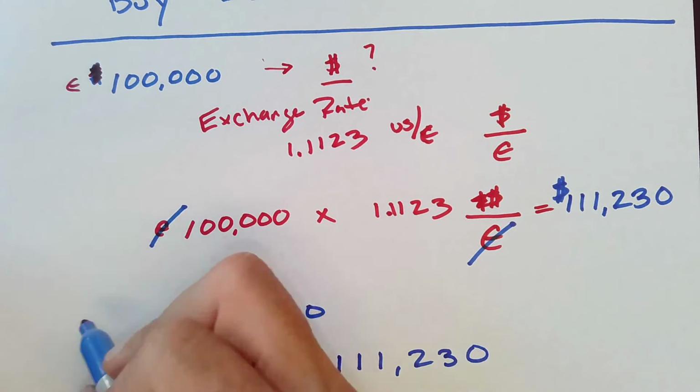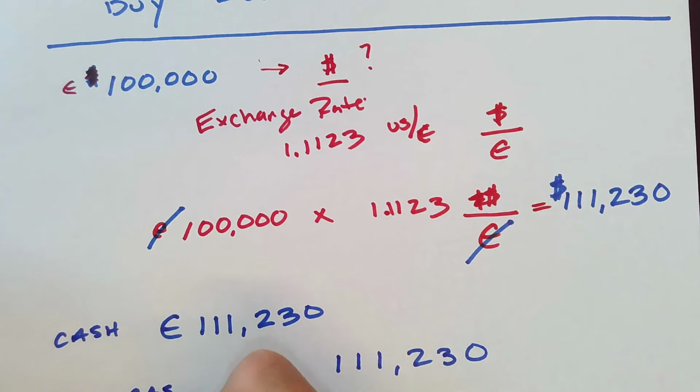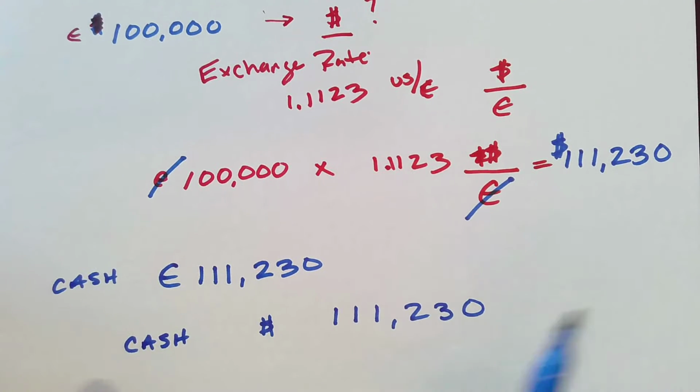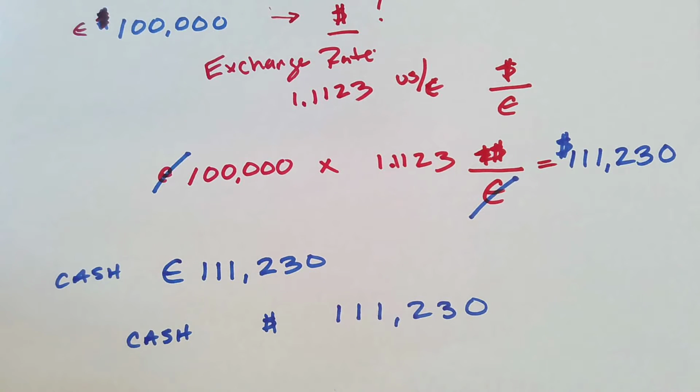And this is all cash. It's just a transfer of cash from a US bank account to euro denominated cash, but it's recorded on our balance sheet in the functional currency, US dollars.